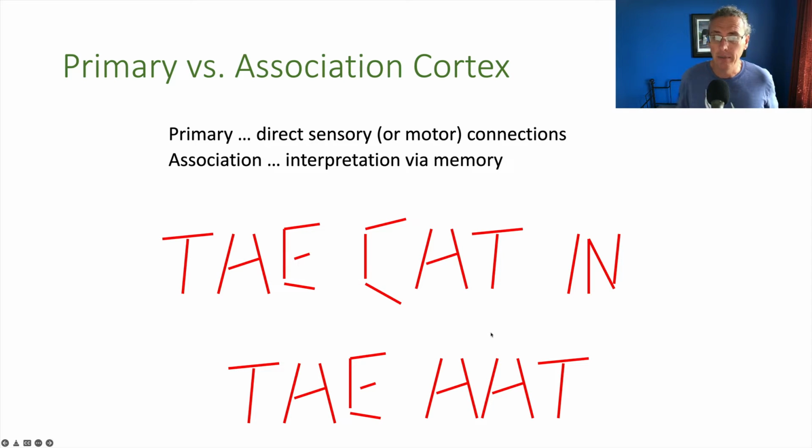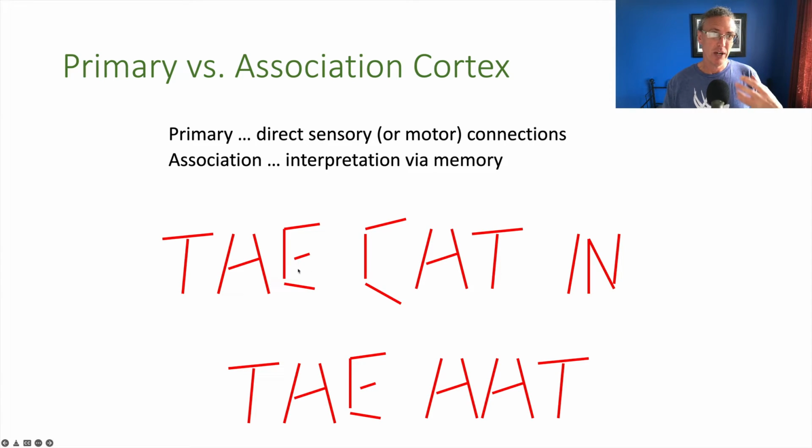That's stimulating your eyes, and it's going to go back to your occipital lobe, which is at the very back of your head. But it's going to go to a very specific part of the occipital lobe first, right near the middle, something we're going to call primary visual cortex. That's the part where the raw input goes.